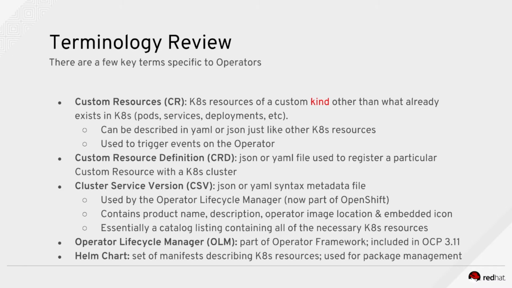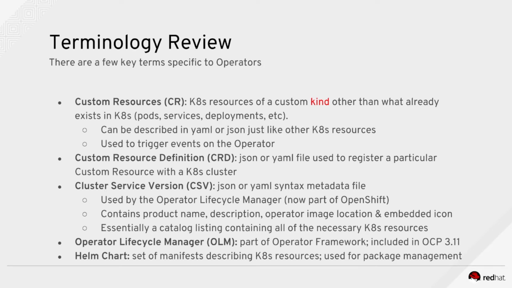Cluster service version. This is also a JSON or YAML syntax file for metadata. This is basically used by the Operator Lifecycle Management, which as of OCP 3.11 is baked into OpenShift. It contains the product name, description, the operator image location, which registry the operator image is being consumed from, and also an embedded icon.